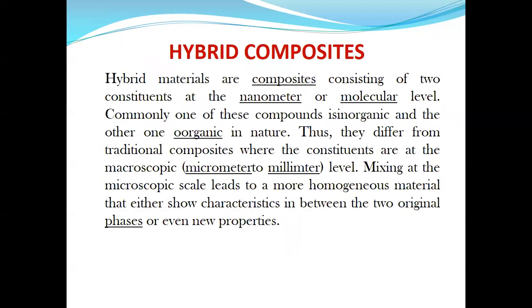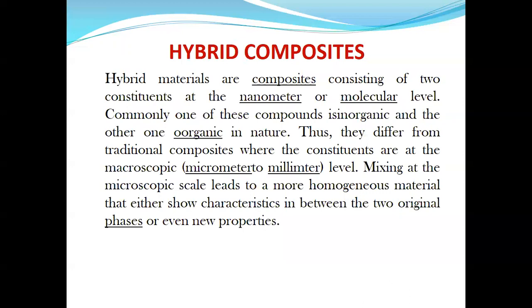Then hybrid composites consist of two constituents at the nanometer or molecular level. Commonly one of these components is inorganic and the other one is organic in nature. That's different from traditional composites, where the constituents are at the macroscopic level, that is micrometer to millimeter.